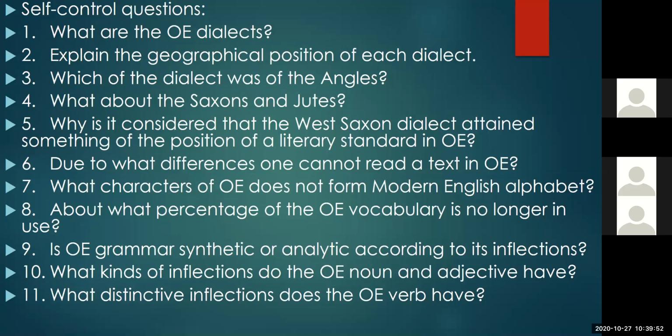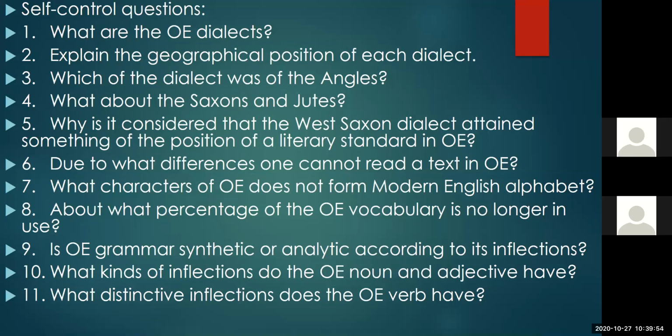An analytical language example is the English language, and the relationship between words in sentences is expressed with prepositions, and it's also very important that the word order is fixed.